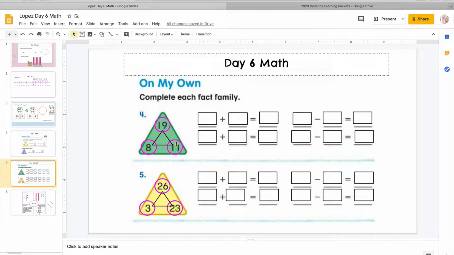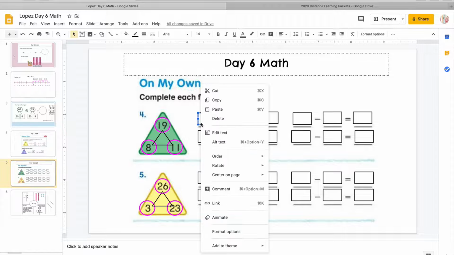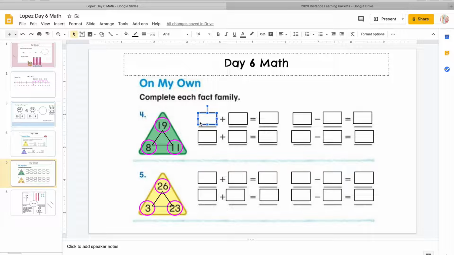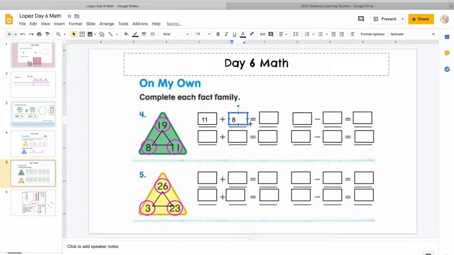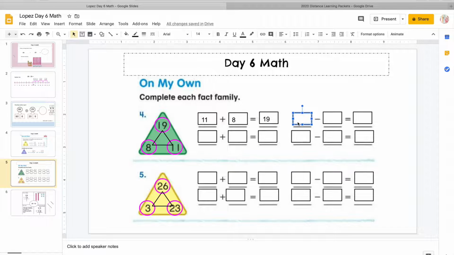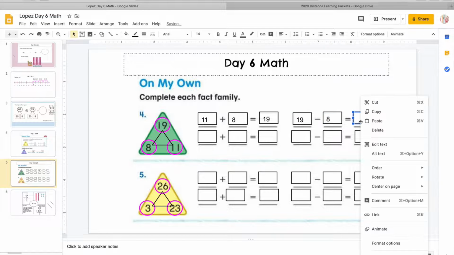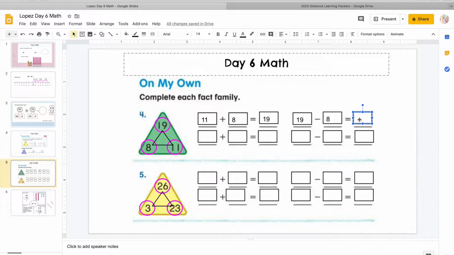We have 19, 11, and 8. So this is 11 plus 8 equals 19. And then a subtraction one would be 19 minus 8 equals 11.